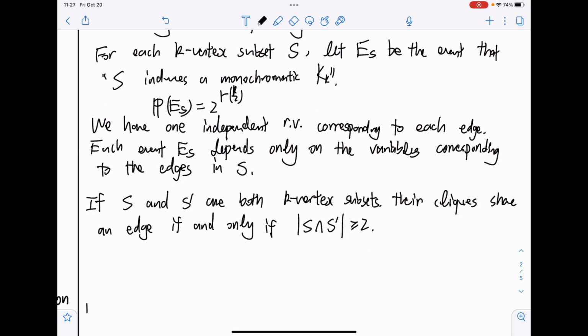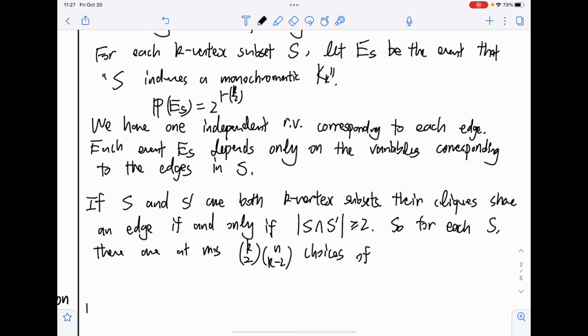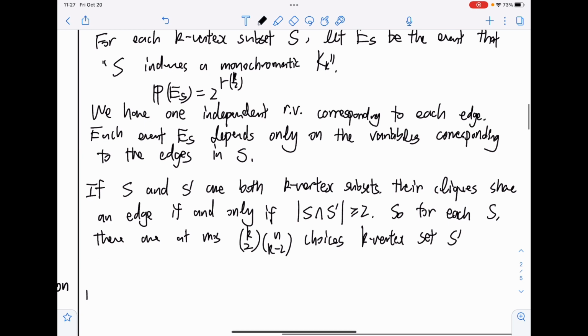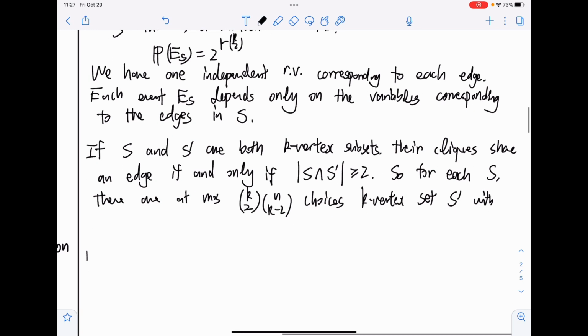So for each k-set S, there are at most k choose 2 times (n choose k minus 2) choices of k-vertex set S prime satisfying this inequality.